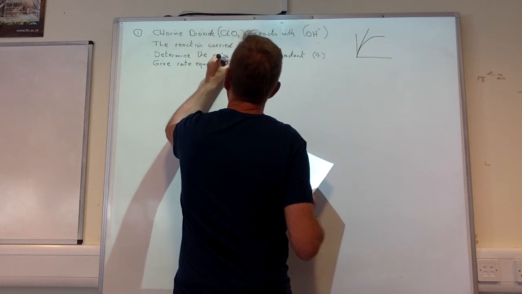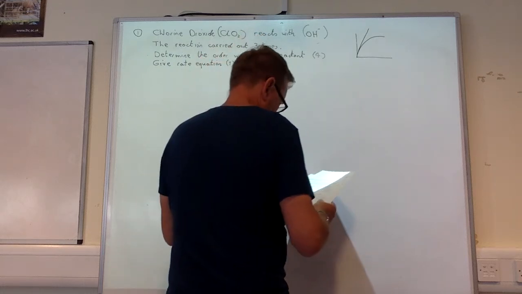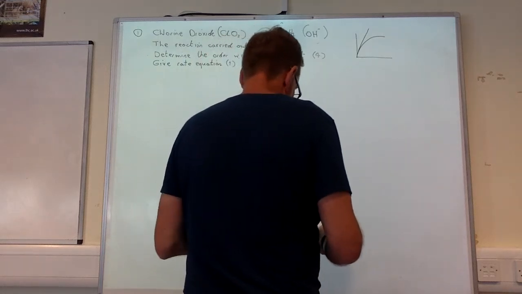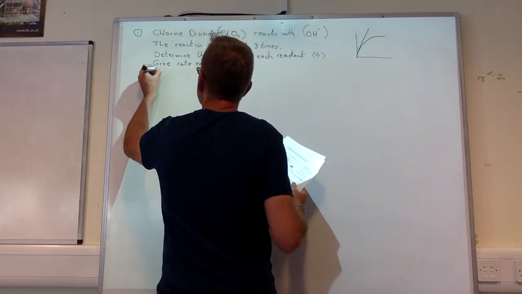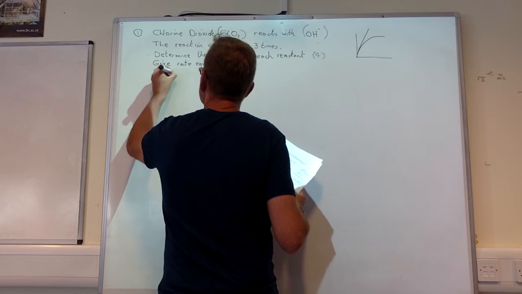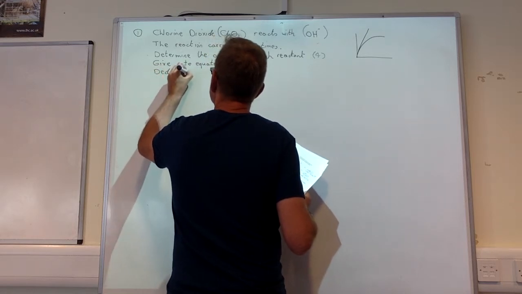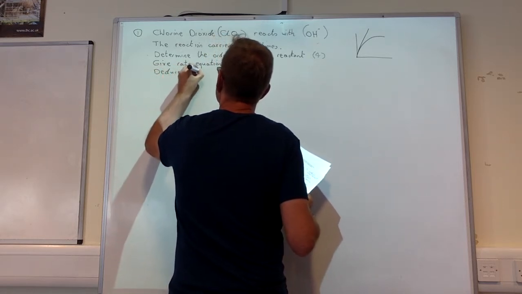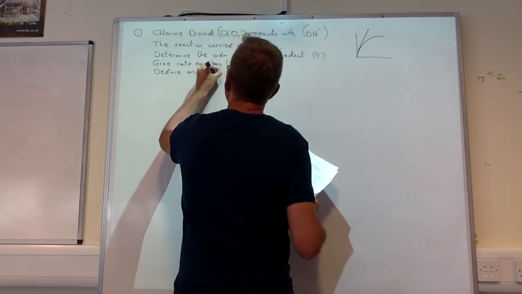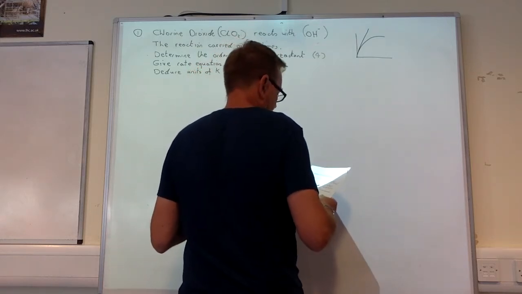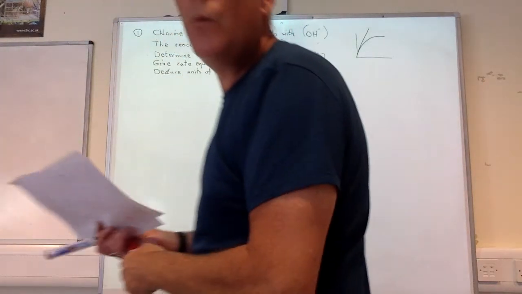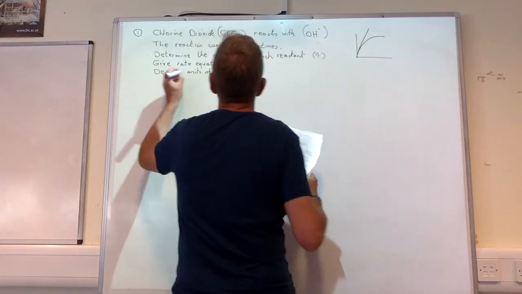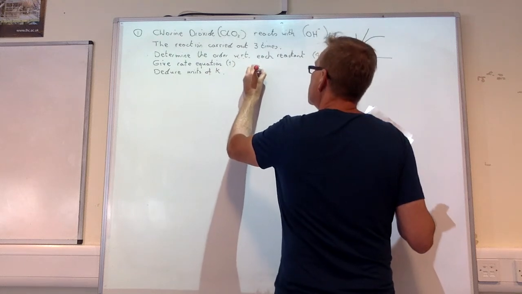Number 2, give the overall rate equation, 1 mark. Deduce the units of the rate constant. And moving to red, because this is new, I'll put it over here, give yourself some space.